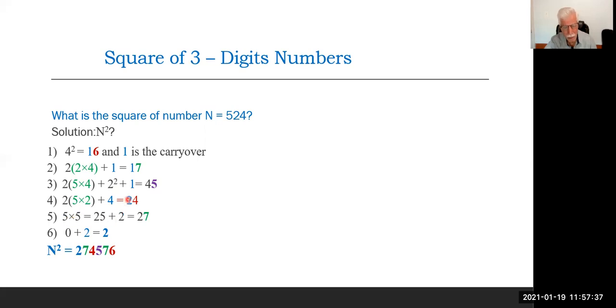And add it to the carryover from the previous step. 25 plus 2 is 27. 7 is going to be the fifth digit of our square, and this 2 is going to be the last digit of the square of 524.